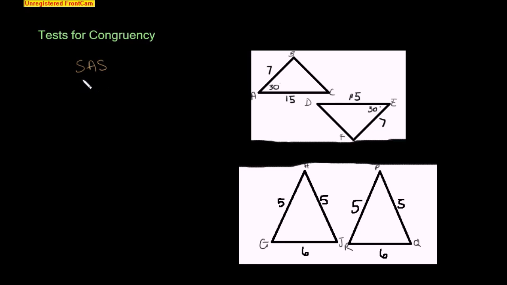So the first thing we have to show is a pair of sides that are equal. We'll say this side length here, AB, is equal to this side length here, EF. We need an angle, so the angle BAC for this triangle is equal to this angle here, DEF.